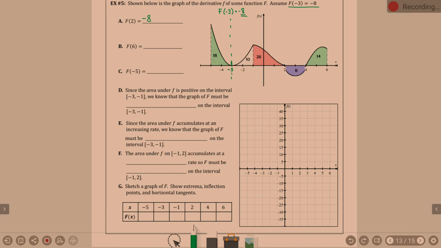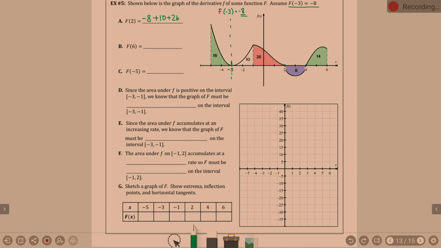We're going to then what? Add 10. Then what? Add 26. And realize that 26 is not just left of the y-axis there. That 26 goes from what? Negative 1 to 2. On the screen it shows us red, and I know it's all one shading, but to me I almost feel like, oh, we're missing something, but no, that 26 is that whole area there.